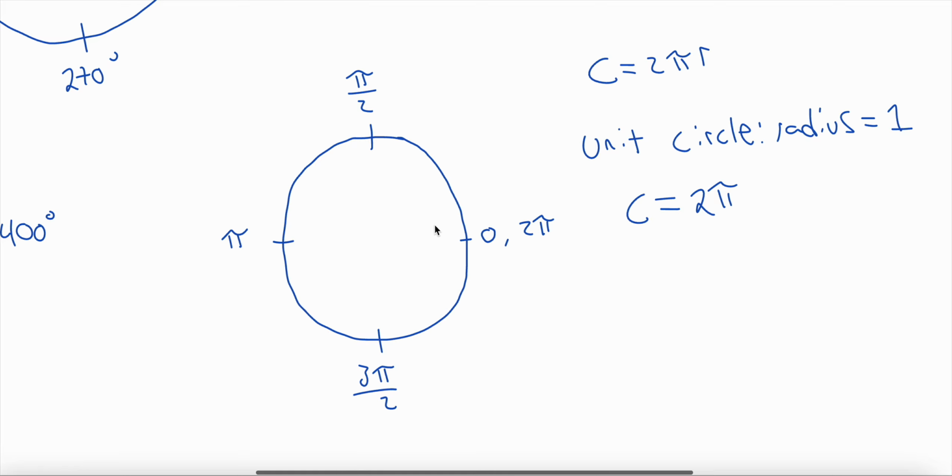So for example, also, if we take this segment of the circle from right here to here, then the length of that arc, if it's a unit circle, right, the radius is 1, then that length is going to be pi over 2. And that is the exact length of that arc.